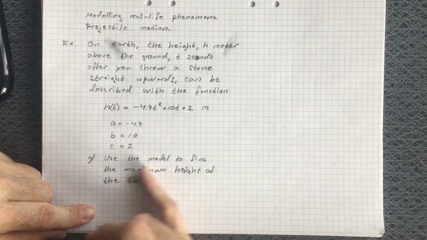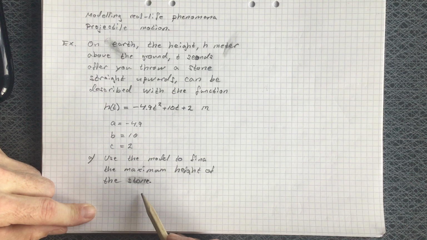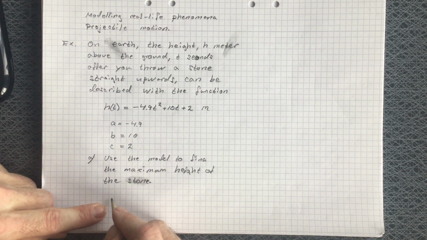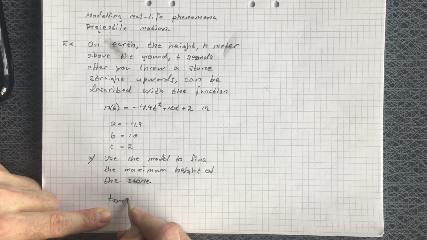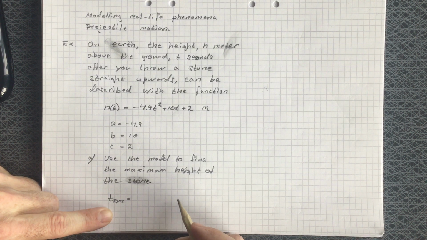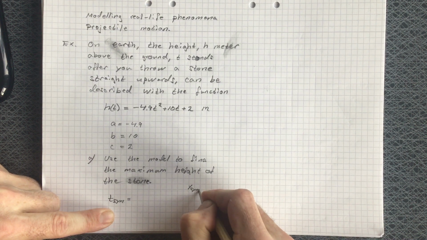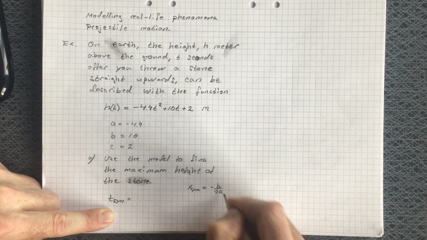Well, to find the maximum height, I first need the symmetry line. The symmetry line will give us the maximum height. So I need to find x sim, but in this case it's time instead of x. So t sim is, and then I write it here so we remember x sim, the formula for it is minus b divided with 2a.